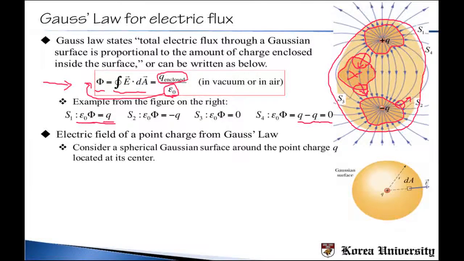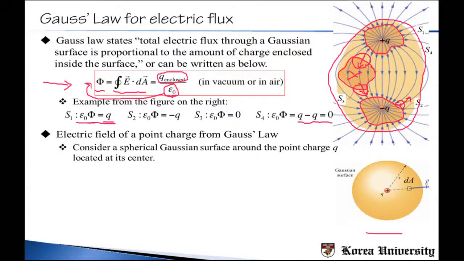In the figure on the right hand side, there is one positive charge. How should we choose the Gaussian surface? That's the first thing we have to do. Of course, the simplest way is making a sphere around it, not a circle but a three-dimensional sphere. If you put the charge exactly at the center of the sphere, things will become very simple.